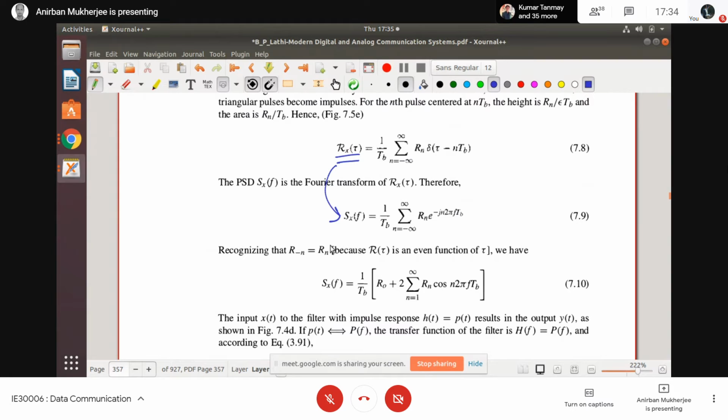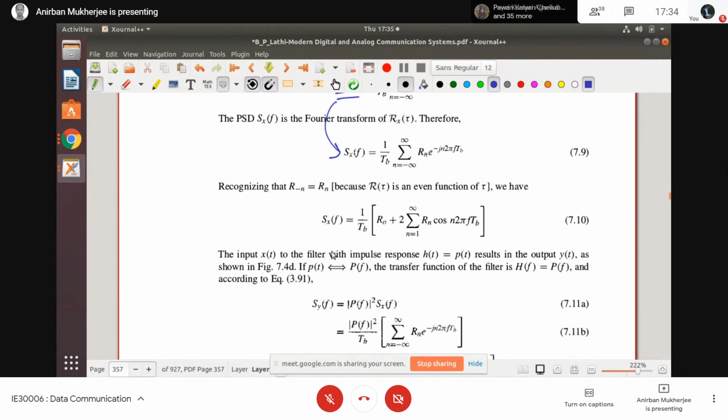I know that R_n equals R_minus n. So if I take all the symmetric terms, I will get a cosine term, and an R0 term for n equal to 0. That gives S_x(f), and the filter impulse response is p(t). So I have got S_x(f).